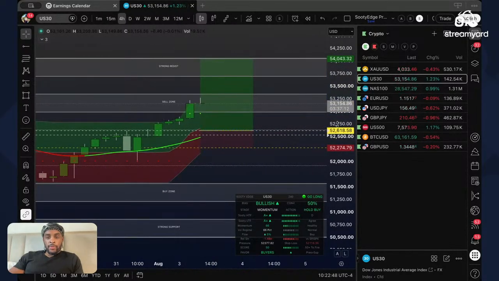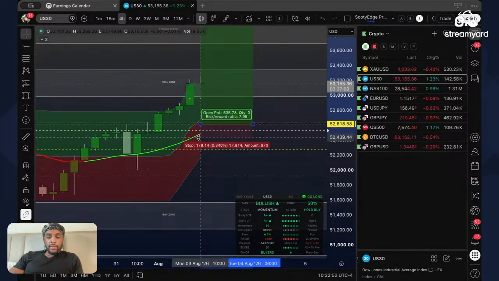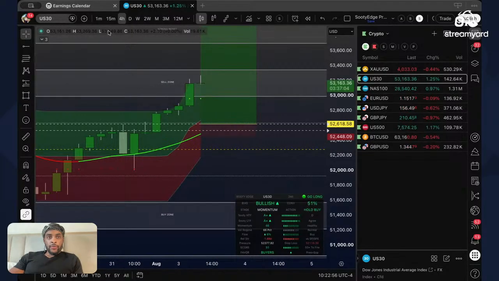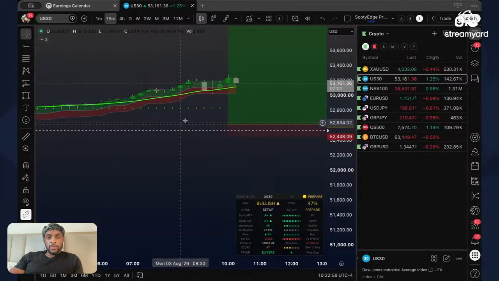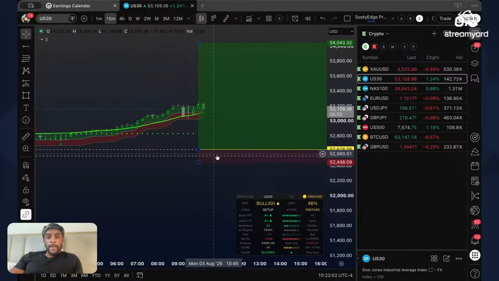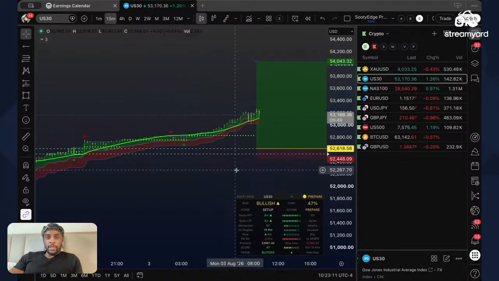This trade will come this week, so definitely be on the lookout for that. And you'll be able to go from there. So this is the play for the Dow Jones right here. Now I want to see it come down and hit this area of interest, give me a cross of my trend, get back on trend, and then once it gets on trend, that's where I'll be getting in.